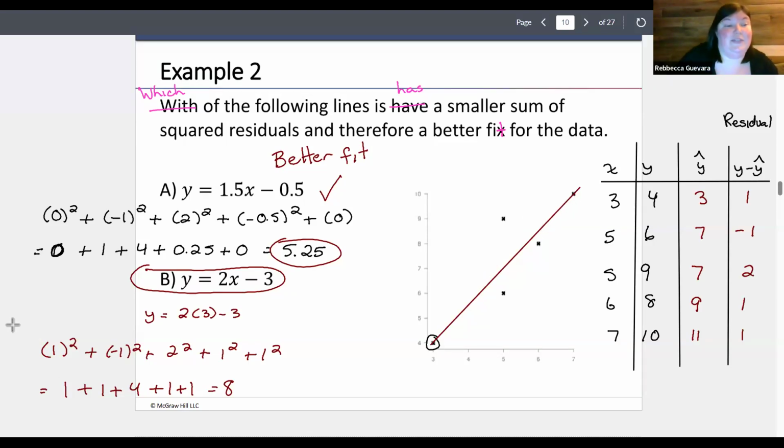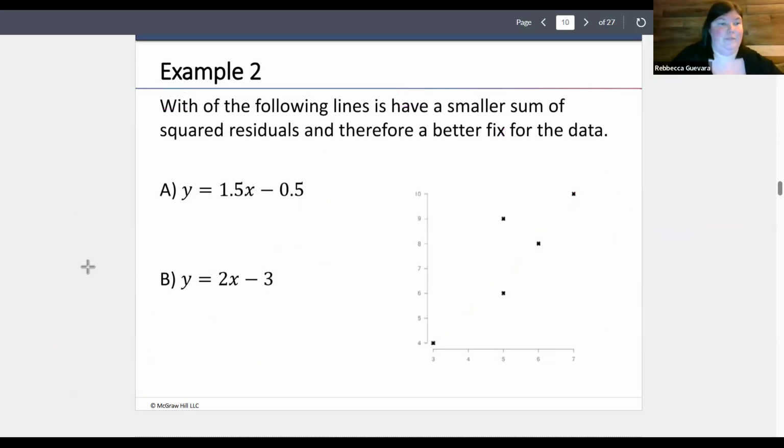I didn't make a line of best fit for this because I figured it had too many decimals in it. So this may not be the best fit, but this is a better fit. So better fit than B, but not the best fit.